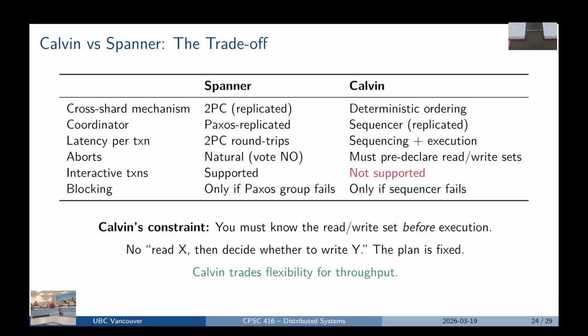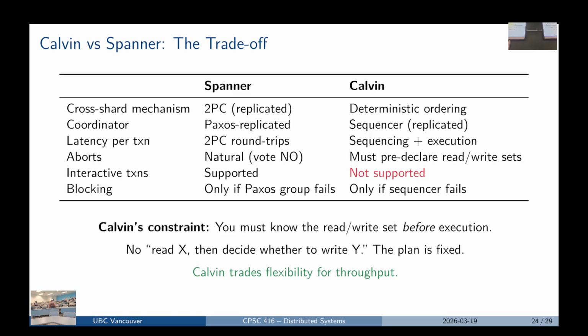They pay two PC round trips, so they have to go back and forth. All the messages we saw in that flow. Then in Calvin, all they have to actually do is the sequencing and the execution. So in some ways, it's simpler because there's fewer messages flowing back and forth.